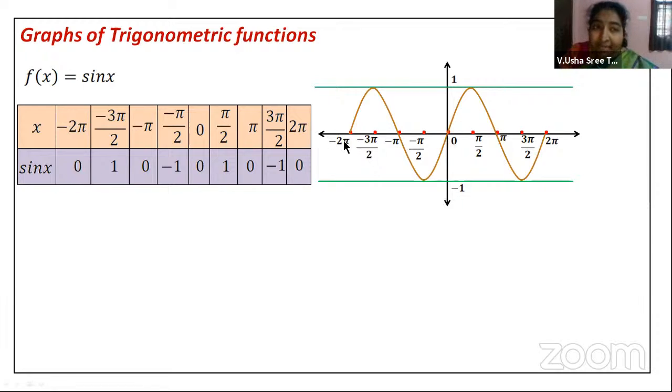So we can say the sine graph is periodic. It is taking the same pattern exactly after 2 pi radians. So we can conclude that the period of the sine function is 2 pi. Right? See, after 2 pi, say from here to here it is 4 pi. Can you say 4 pi as your period?